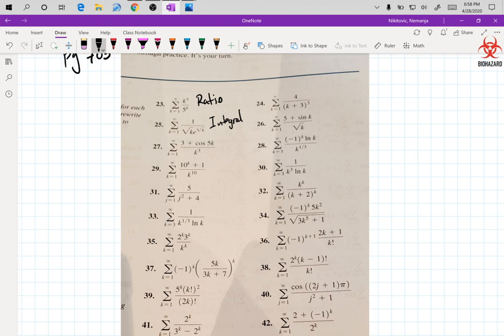Now, the next problem gives us this cosine to worry about. It's plus cosine. Now, if you pay attention carefully, when we did comparison test, I said, oh, cosine is bounded by 1. Just get rid of it, right? So this one is going to be comparison to 1 over k cubed, because that cosine is bounded by 1, or 3 over k cubed.